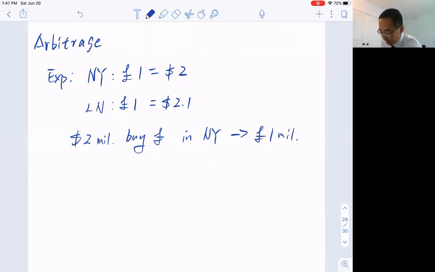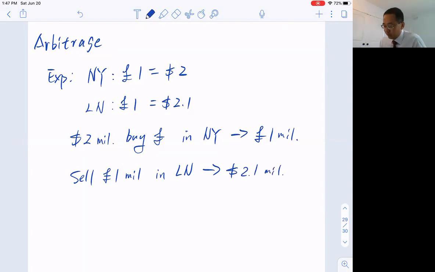And simultaneously, at the same time, you sell 1 million pounds in London, and that will give you $2.1 million.